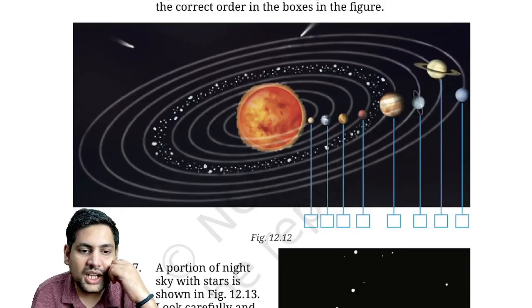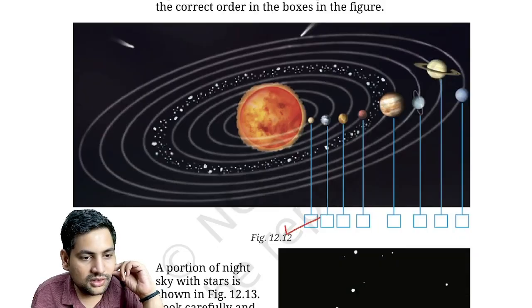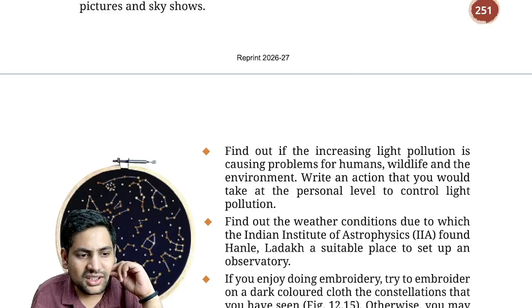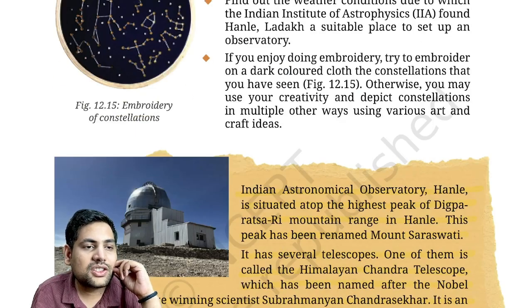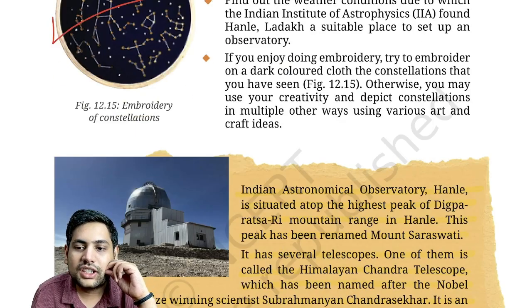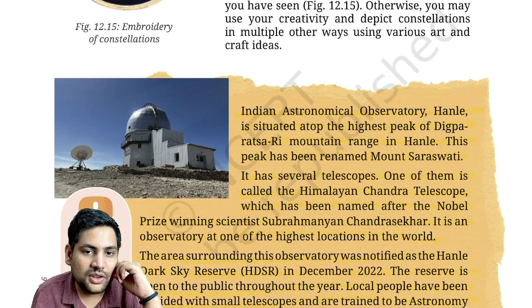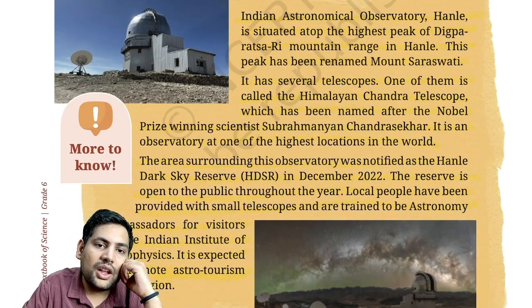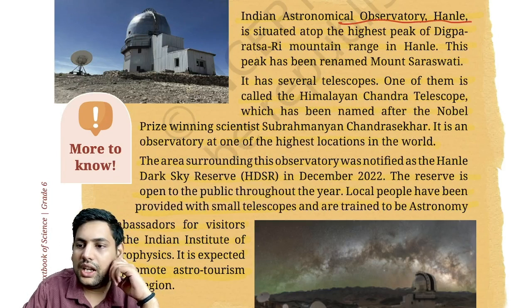Then all this is just exercise for you. See the same diagram they are asking you to fill now, and some different patterns, sky, see all these constellations now together, correct? Then this you have to see. This I told you about also. This is India Astronomical Observatory in Henley.